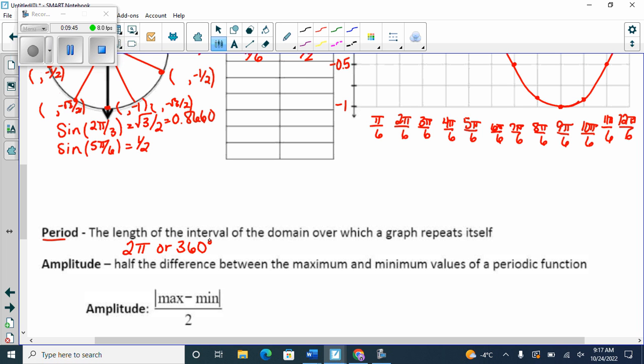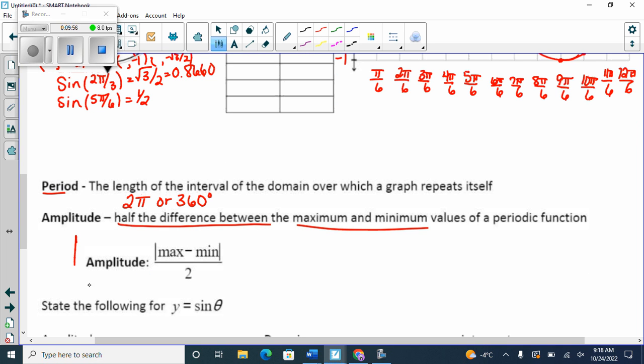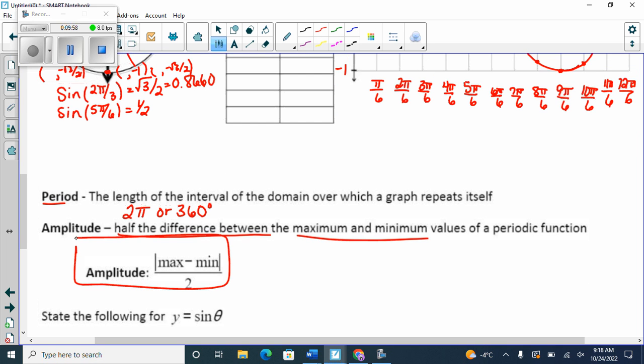right? Okay, amplitude is half the difference between the max and the min. So you can literally use this formula, which is the absolute value of the max minus min, divided by 2. And it's the absolute value because your amplitude is always positive. I'm going to write this here so everyone remembers that.